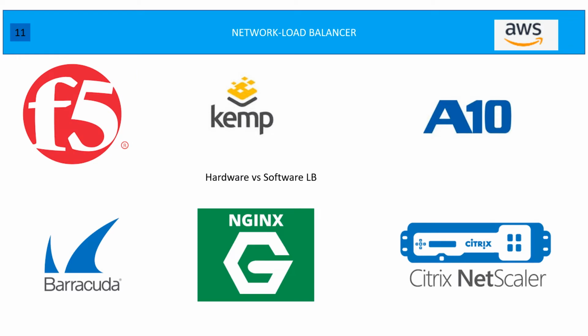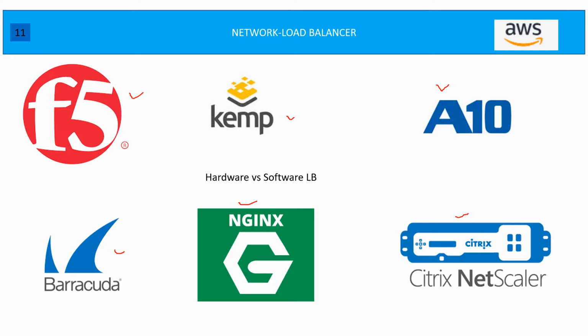This is a list of very famous load balancers available in the market. One is F5, Kemp, A10. You can go for Barracuda, Nginx, and Citrix. And there are more vendors. And why I'm discussing it is that it gives you options.